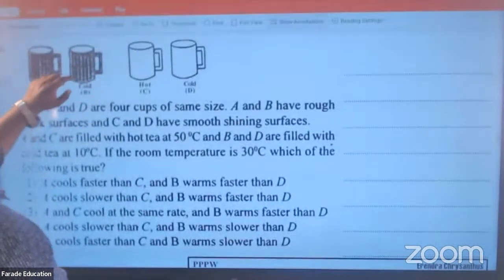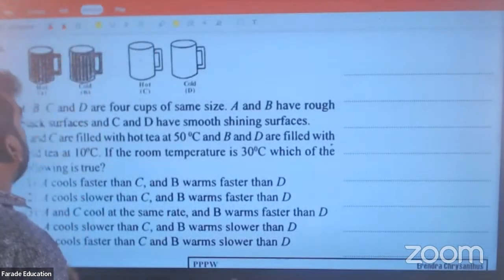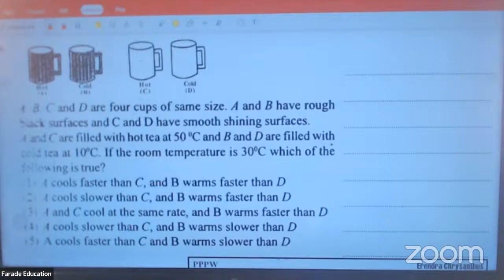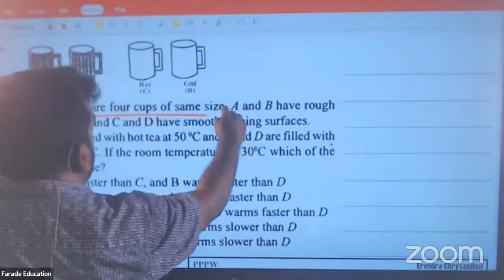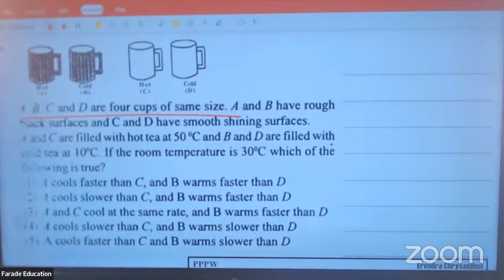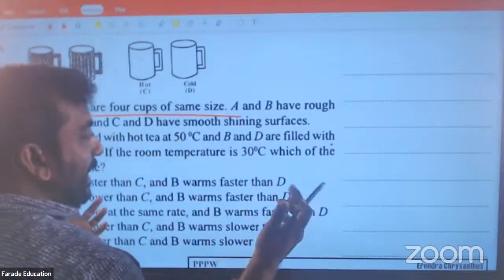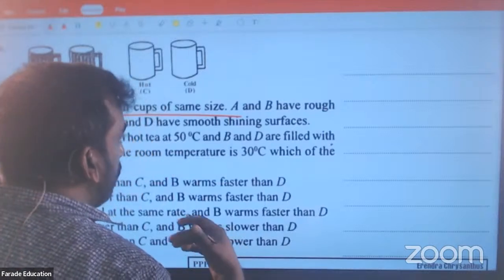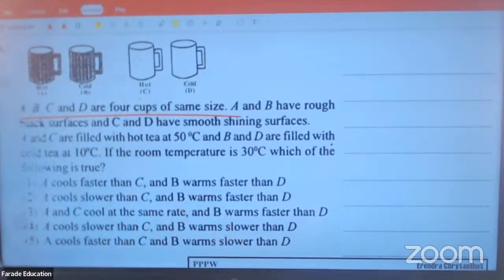Question number 16. A, B, C, D are 4 cups, same size. A and B have rough black surfaces. Now, black surfaces are good radiation absorbers as well as emitters.